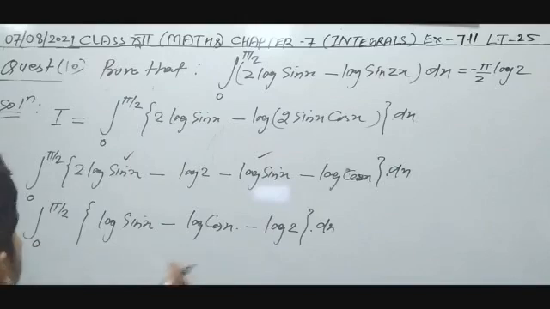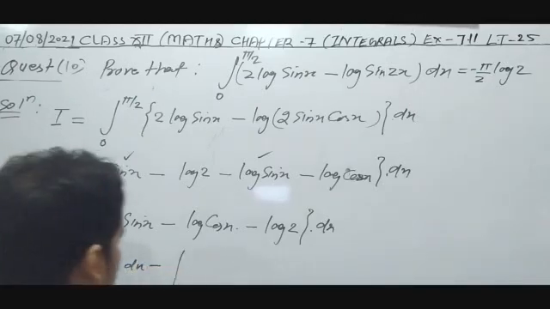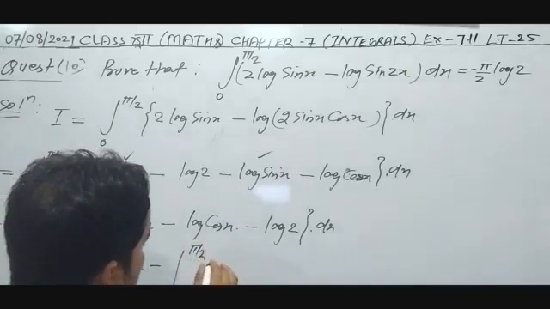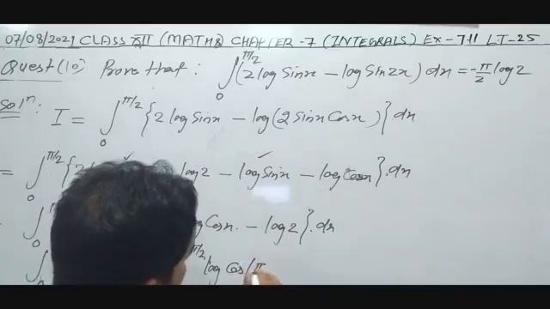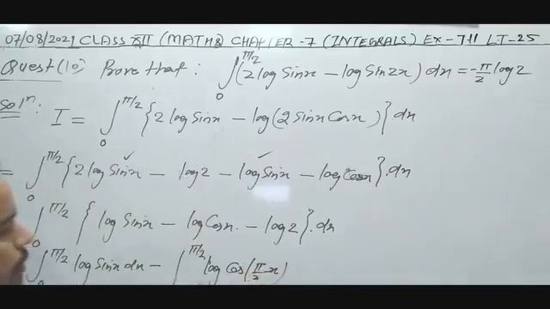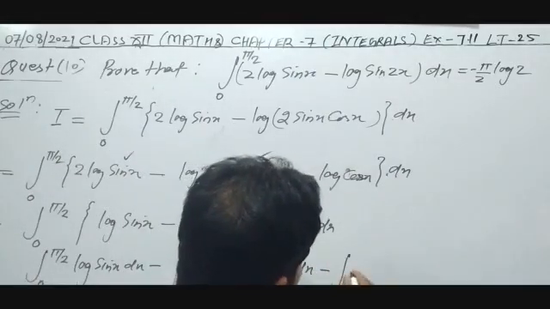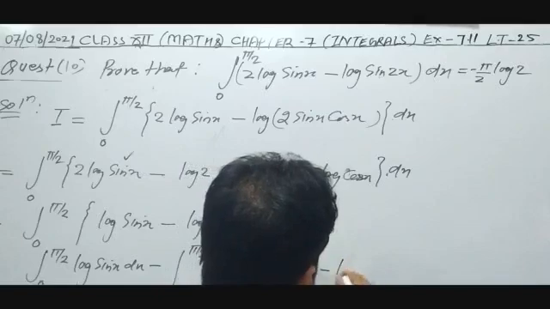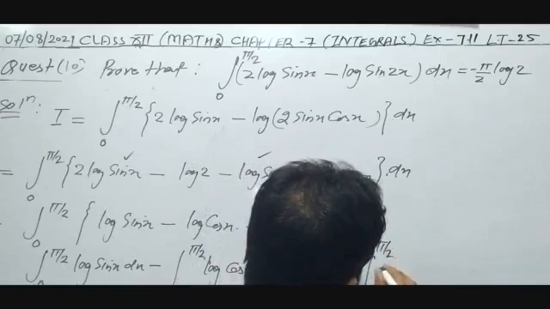So this one we can write I is equal to integration over 0 to pi by 2 log of sin x dx minus integration over 0 to pi by 2 log of cos of pi by 2 minus x, we are changing x, dx, and minus log 2 is outside the integral, so log 2 integration over 0 to pi by 2 1 dx.